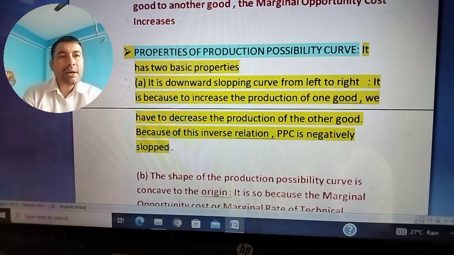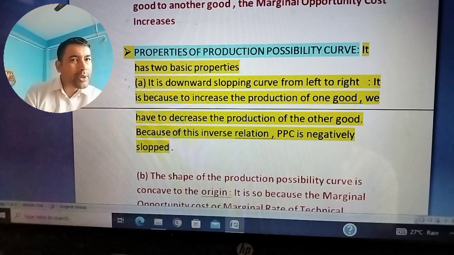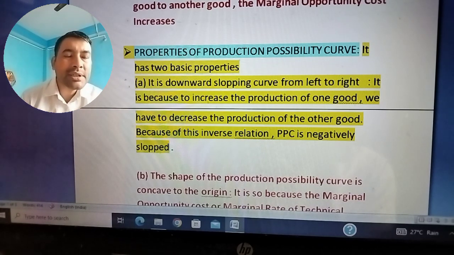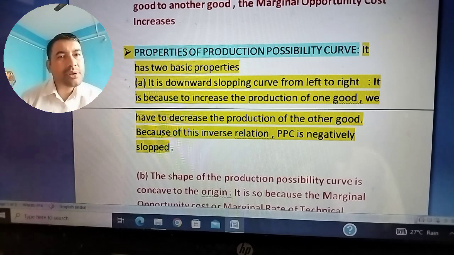If we increase the production of commodity Y, then we have to reduce the production of commodity X. Or if you want to increase the production of commodity X, then you have to reduce the production of commodity Y. Because of limited resources, we cannot produce more of both goods.